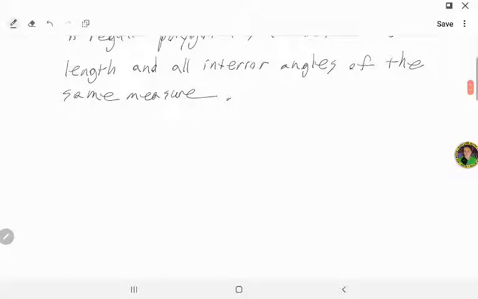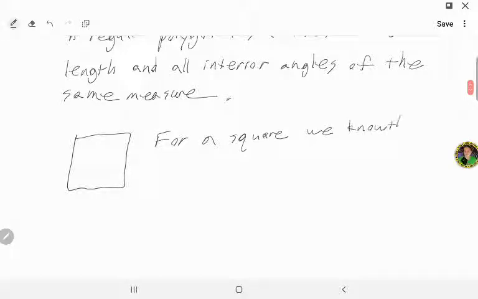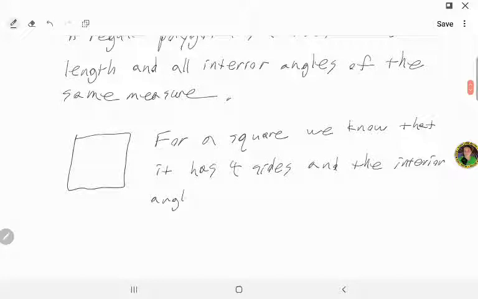So we actually notice that if we look at a square, it's convenient. For a square, we know that it has 4 sides and the interior angles measure 90 degrees.